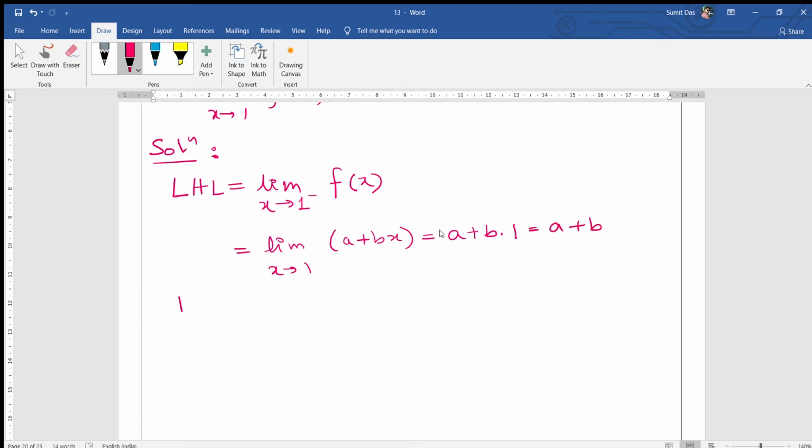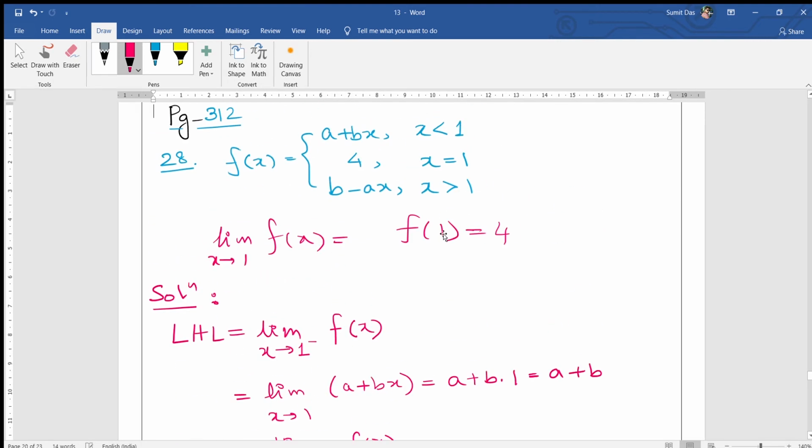Then the right hand limit will be equal to the limit as x tends to 1 plus of f(x). Which function will we use?